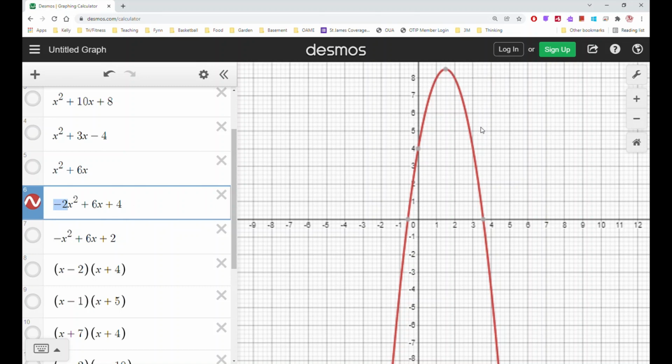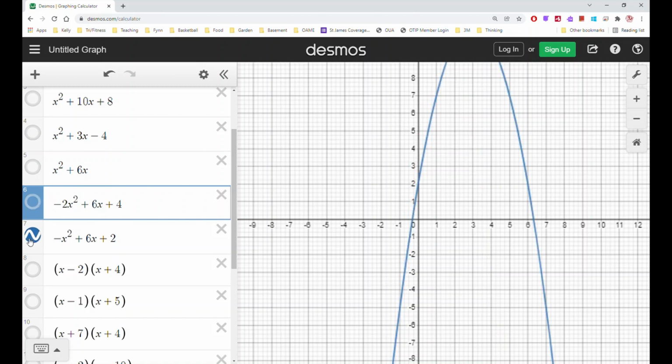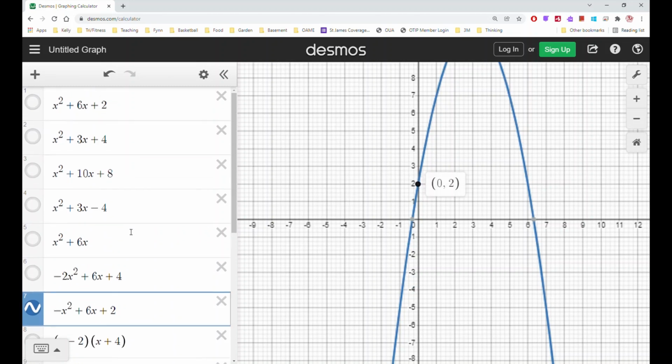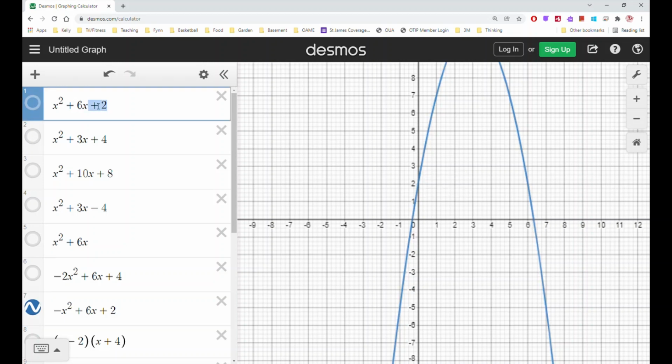Same thing here, negative in front, it goes down. And the plus 4 is the y-intercept. Just with this one, negative, it goes down, and the y-intercept is plus 2. So for standard form, you're looking at the constant at the end as our y-intercept. Okay.